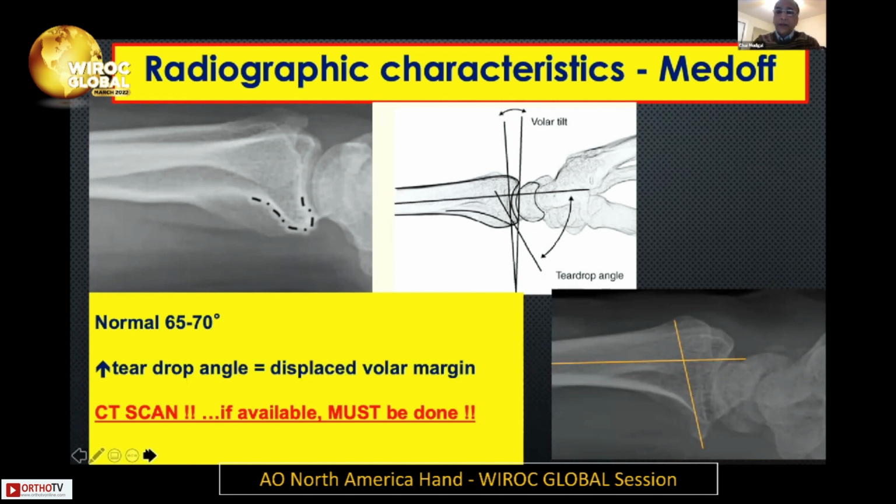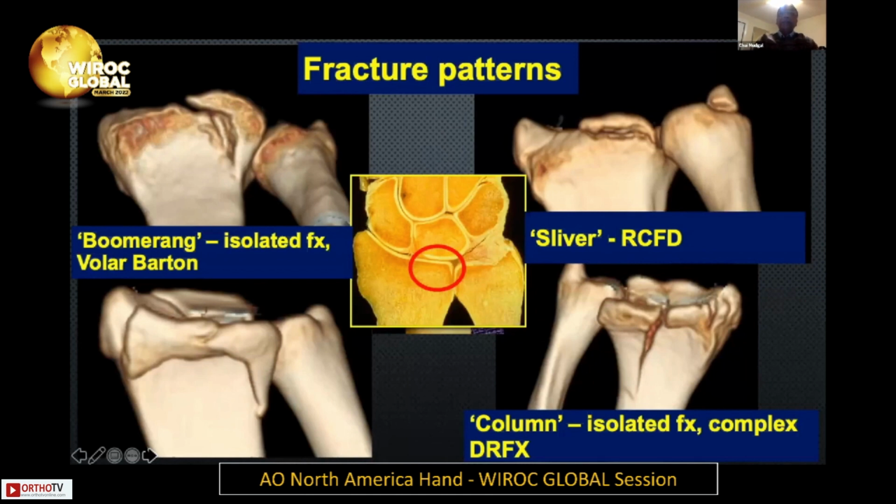Now, plain radiographs are good, but if a CT scan is available, I'm going to go out on a limb here, then a CT scan must be done so that you can assess the fragment geometry carefully, because only then can you analyze the fragment and the fracture patterns. Over the last 30 years, in my assessment, the fracture patterns usually follow these 3 patterns almost reproducibly and consistently.